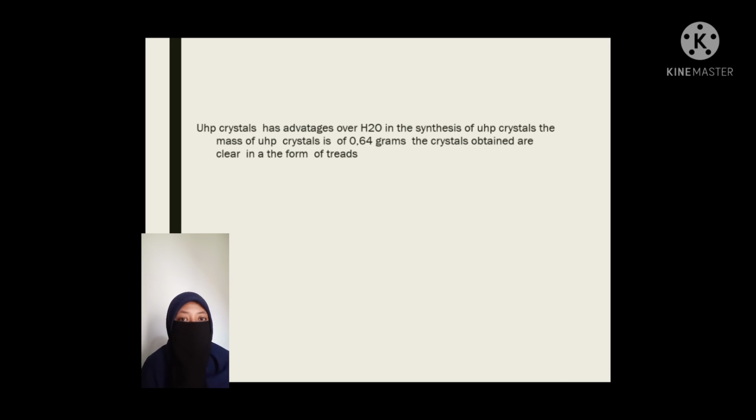Okay, UHP crystal has advantages over H2O2. In the synthesis of UHP crystal, the mass of the crystal is 0.564 grams. The crystals obtained are cleaner and different in traits.